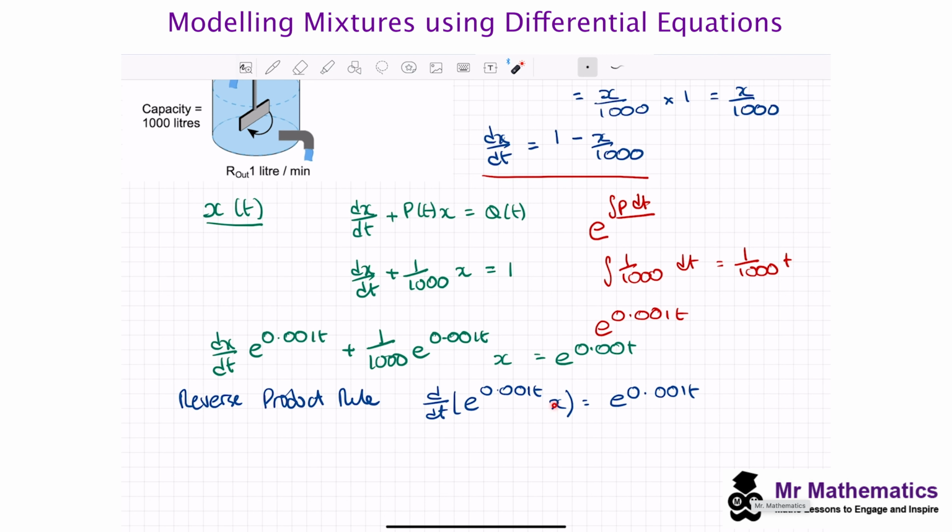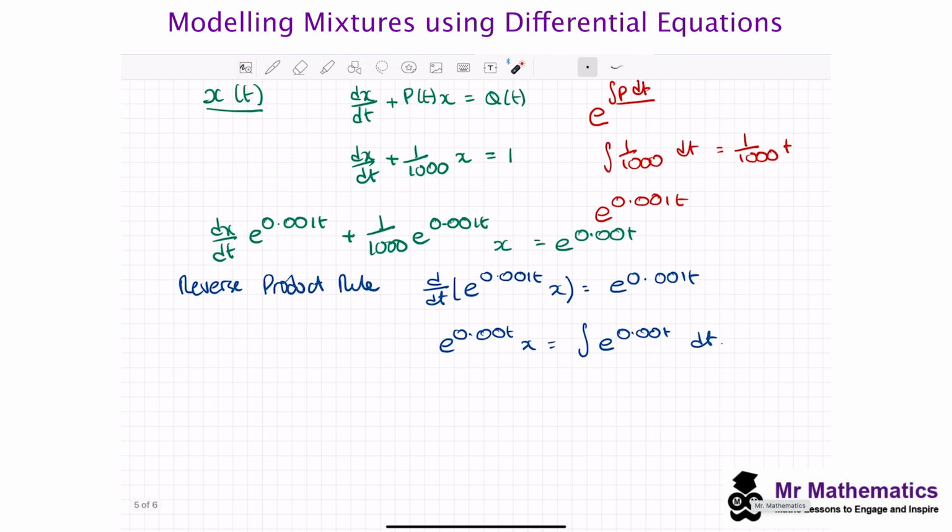So now to find out what x is, we need to integrate both sides with respect to t. So e to the 0.001t multiplied by x will be equal to the integral of e to the same power integrated with respect to t.